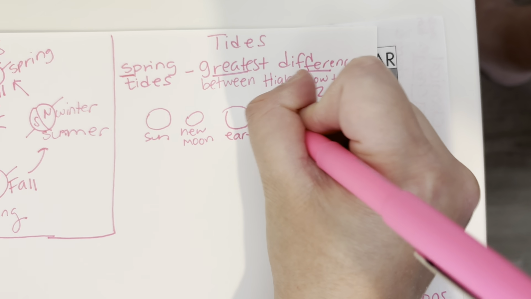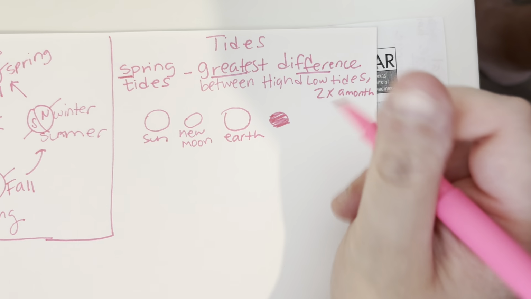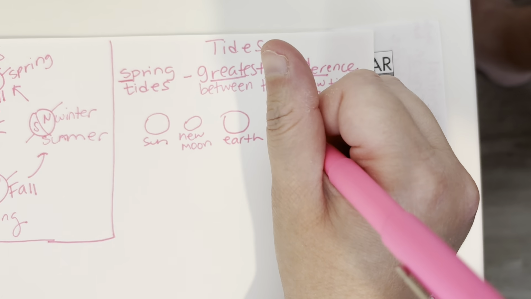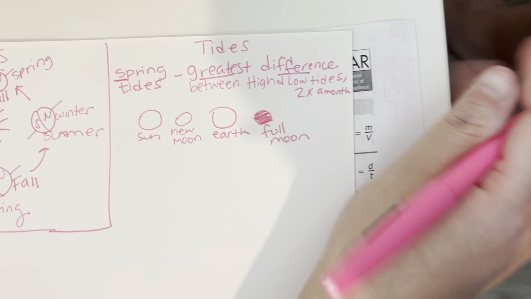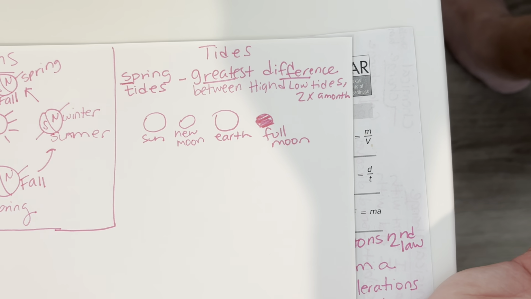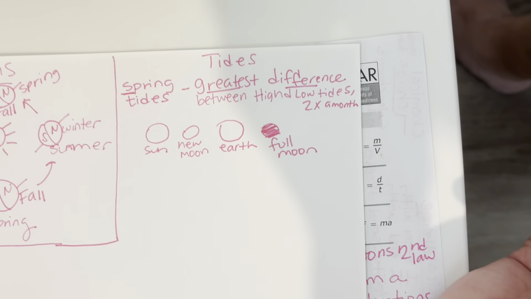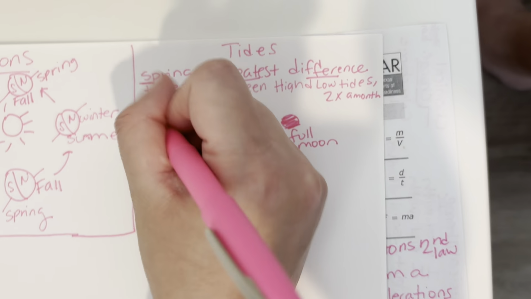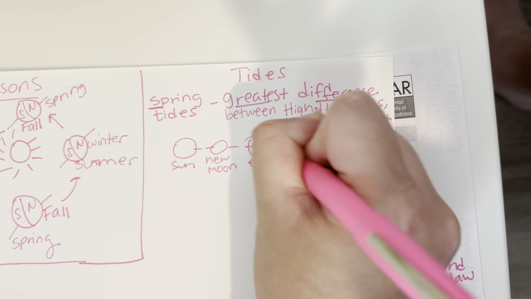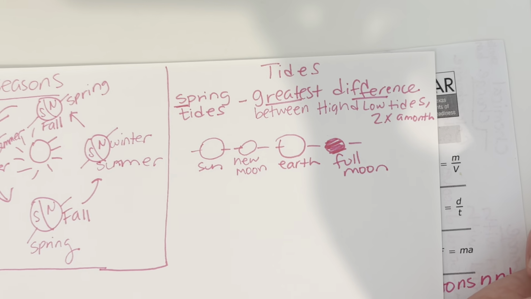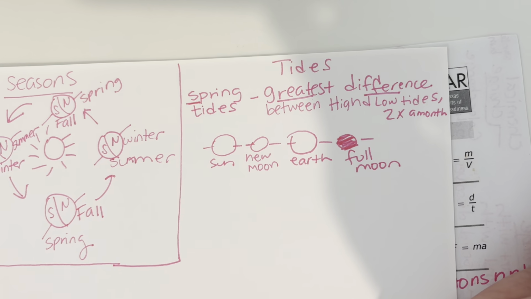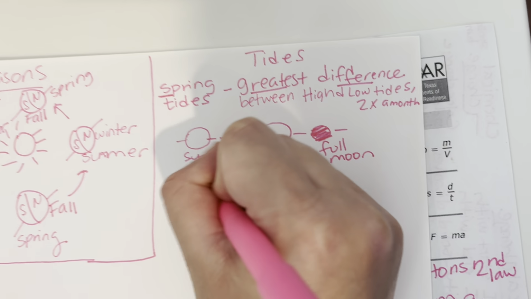Or you could have a full moon. And that is when, this is a full moon, and that is when it is on the opposite side. Okay, so a spring tide because your sun, earth, and moon are in a straight line. Okay. Now, so let's write straight line.